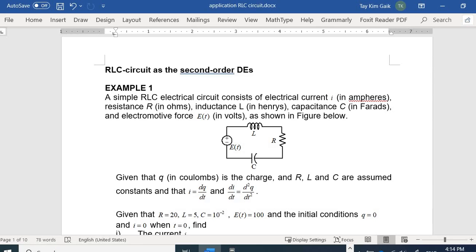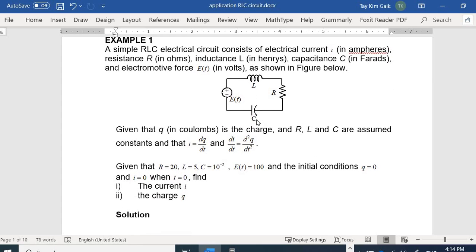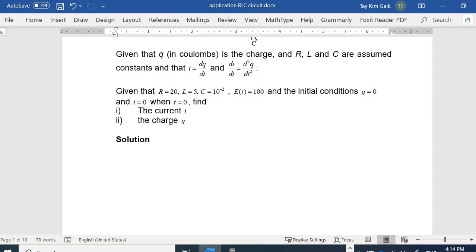So, we want to model it in terms of charge, current I first, followed by the charge Q. To solve for the current I, we have this RLC circuit.